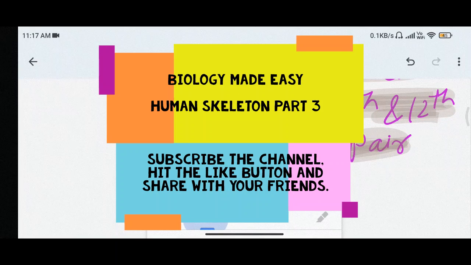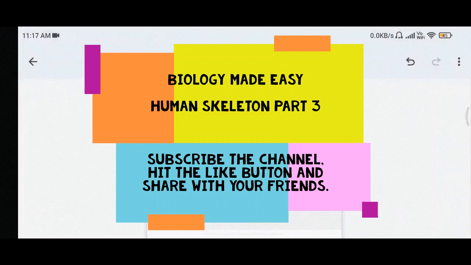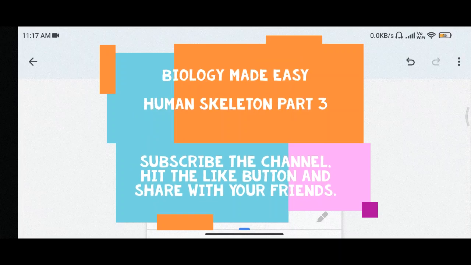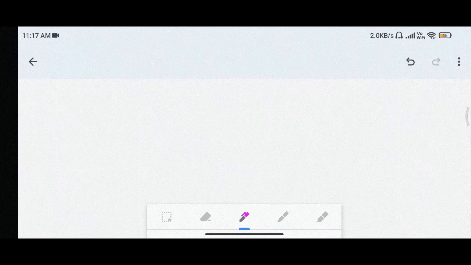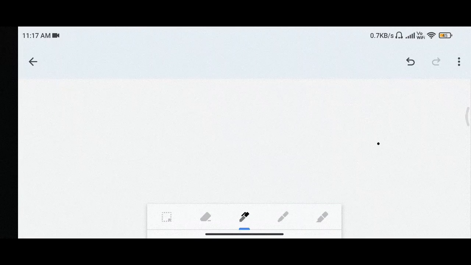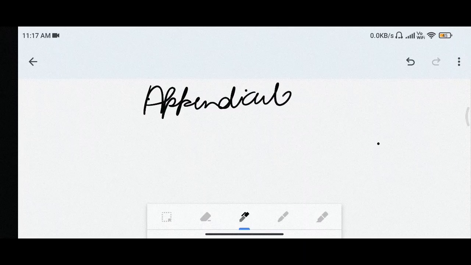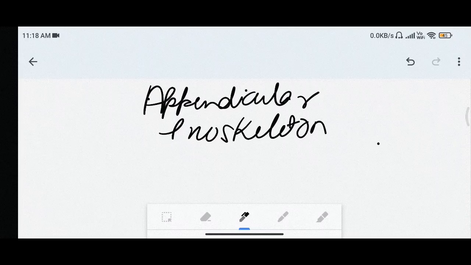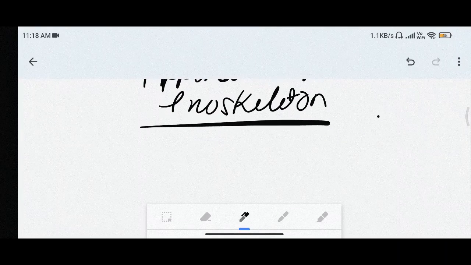So let's start with the next division, that is your appendicular skeleton. Okay, so let's write appendicular skeleton.